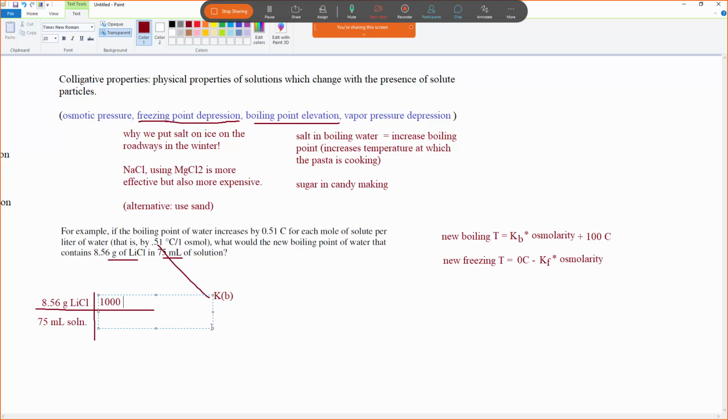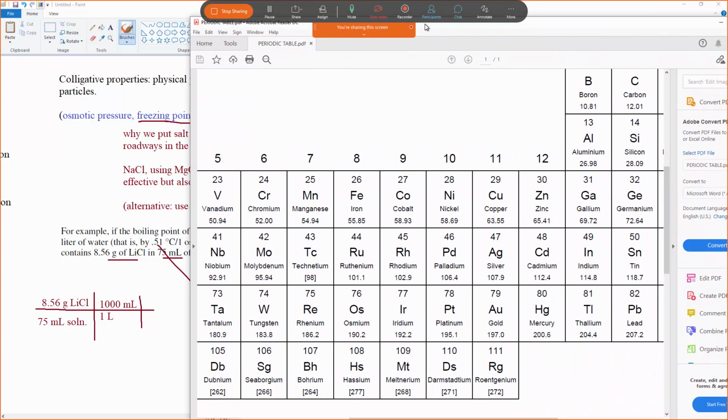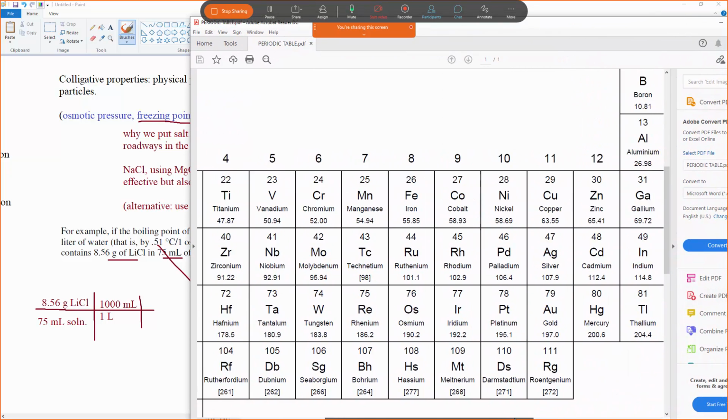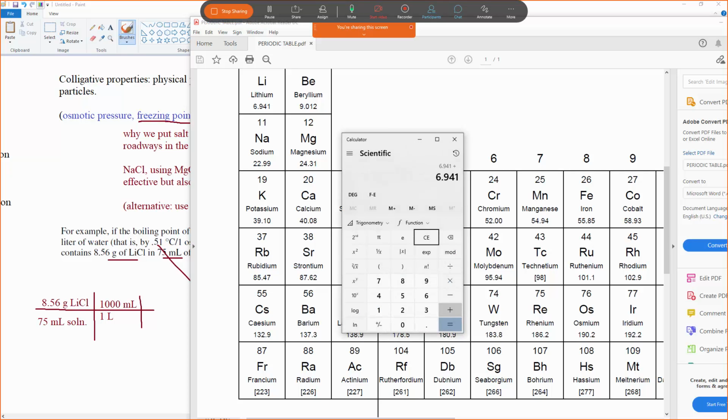So 1,000 milliliters in 1 liter. And if I look at my periodic table over here, lithium is 6.941, chlorine is 35.45.